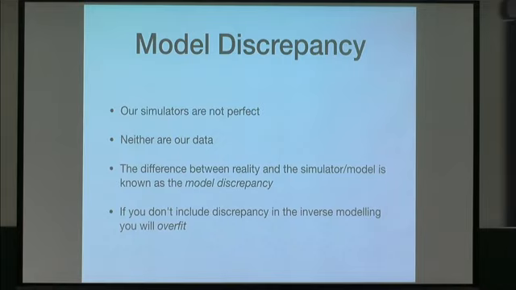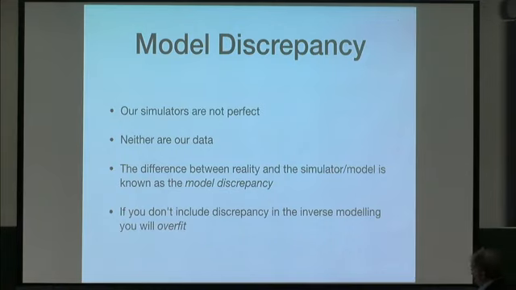So when we simulate something, it's not perfect, and it's not perfect when we measure it either. All our measurements are in error. So we're actually trying to balance or use some imperfect data to tell us something about imperfect simulators.